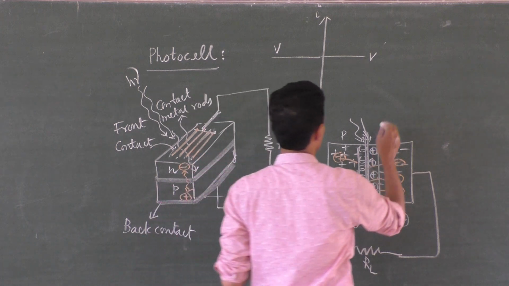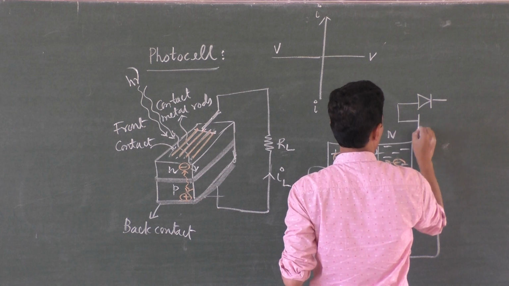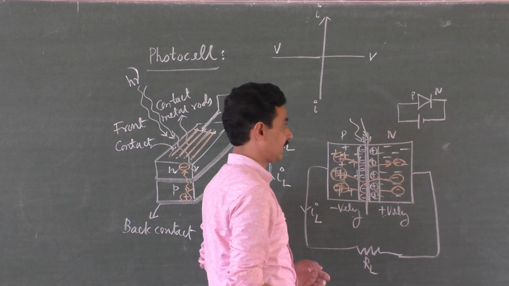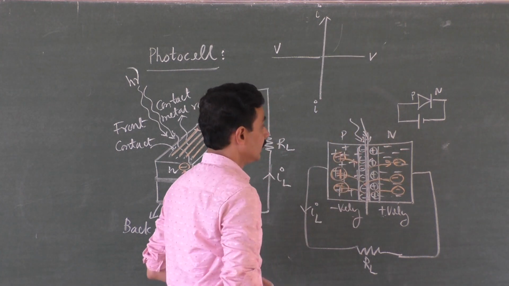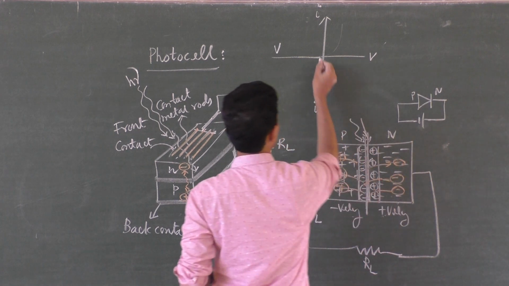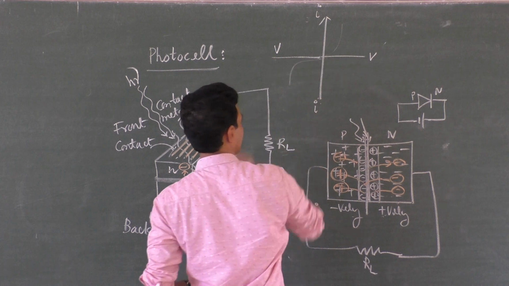If you have an ordinary diode like this, how do you connect forward bias? The positive P region is connected to the positive of the battery, the N region is connected to the negative of the battery. Where do you draw the graph? Here, correct? Now if you reverse it, of course, current is reversed, voltage is reversed. Both are reversed. Reverse bias characteristic.